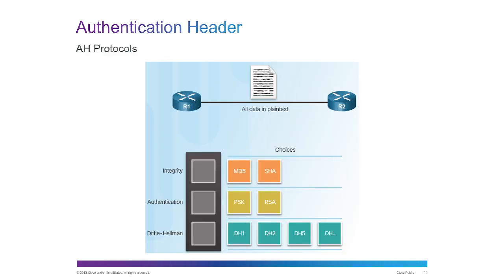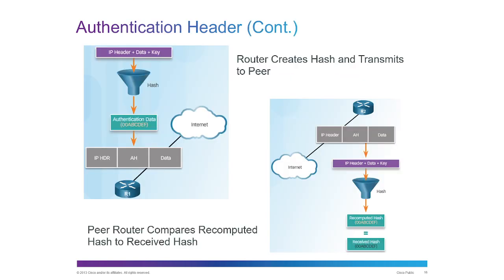That is why we don't have a confidentiality part here, because when we use authentication header, we don't have a confidentiality part. The communication is still plain text, but integrity, authentication and key exchange components can be included. So authentication header will only add the integrity part. It will create a hash and include that as the authentication header.